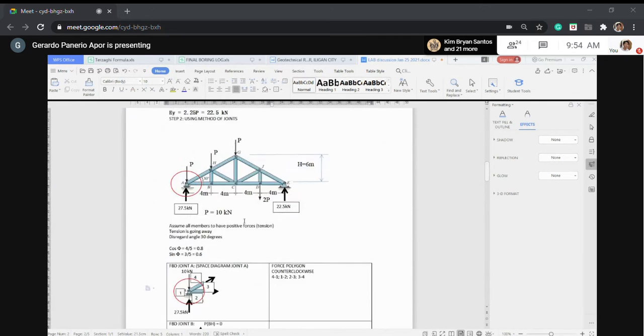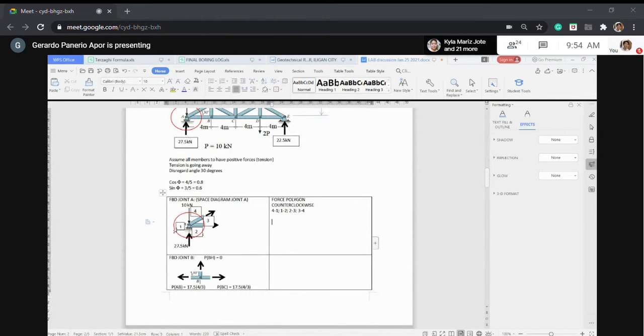So instead of using that, we use this one: the space diagram numbering. And then from the space diagram, you get what we call the force polygon. The force polygon is the figure you will draw when you plot all the arrows here. All arrows, none left out, all.